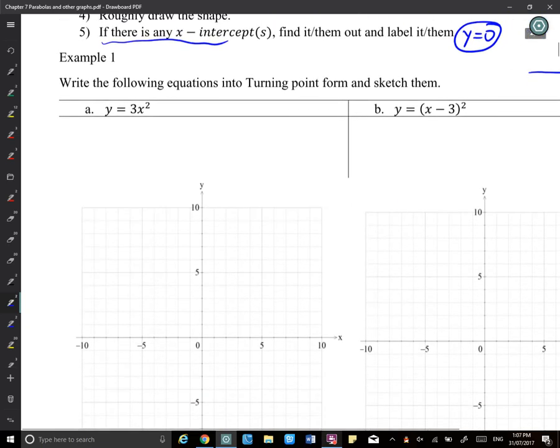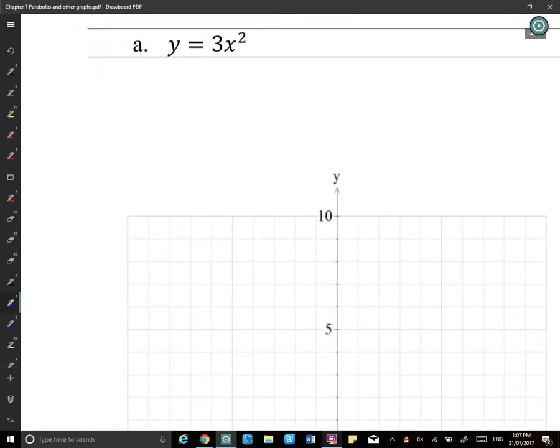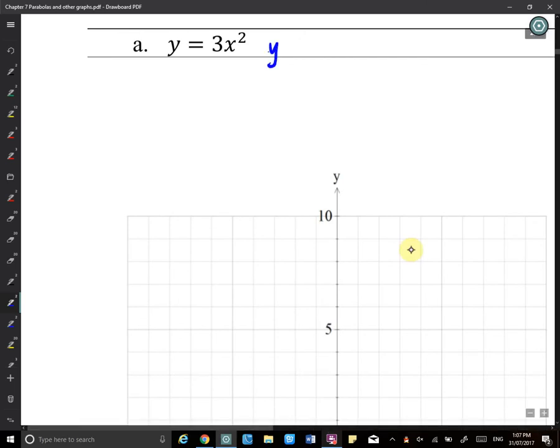Then let's have a look at Example 1: y equals 3x squared. It looks quite simple. Actually, this is the turning point form. I can make that into y equals 3 bracket x minus 0 squared plus 0.